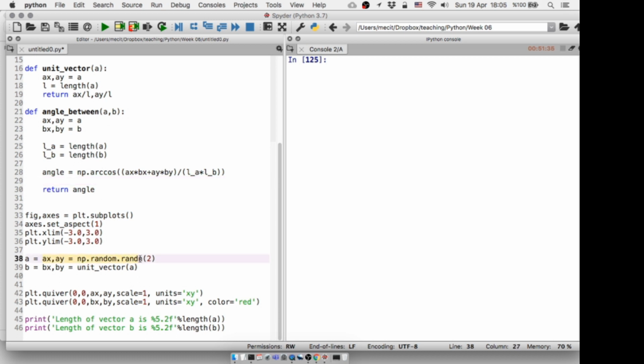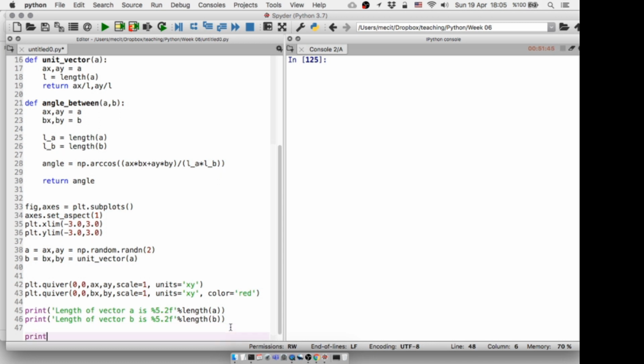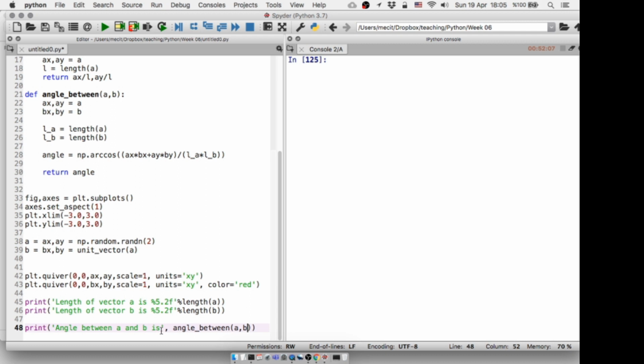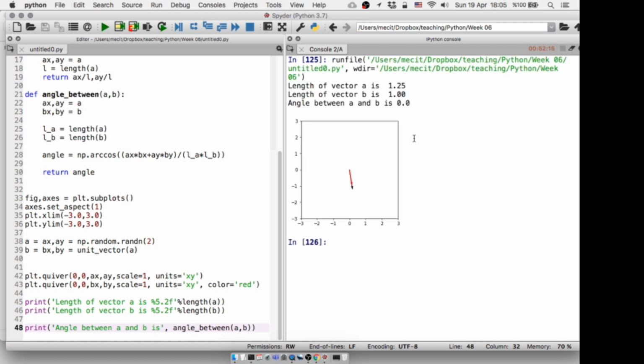So I have a random vector and a unit vector there. I am outputting its lengths, and in addition I want to output the angle between A and B. So here is the angle between A and B. It will be better if I format this, but I want to run it as it is and then decide on formatting next.